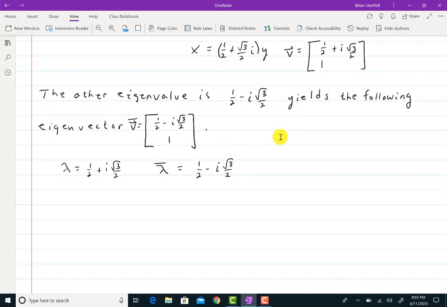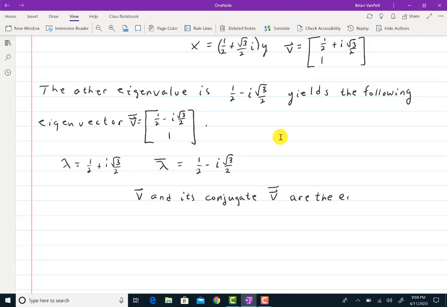So v and its conjugate, v with a flat bar over it, are the eigenvectors. So that's nice. Once you get one eigenvector, you get the second one automatically just by finding the conjugate.